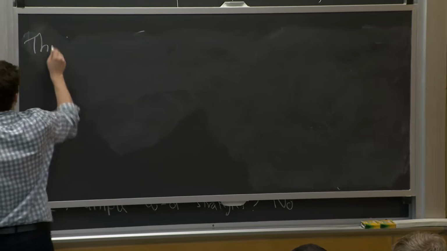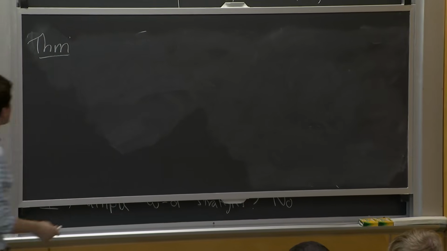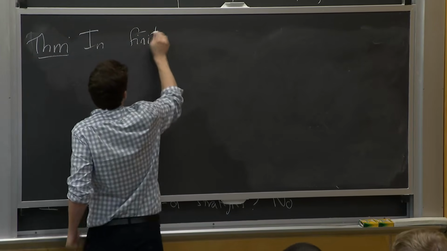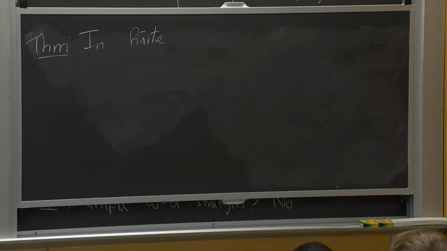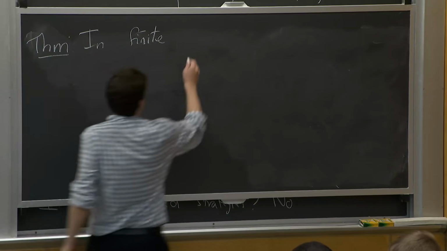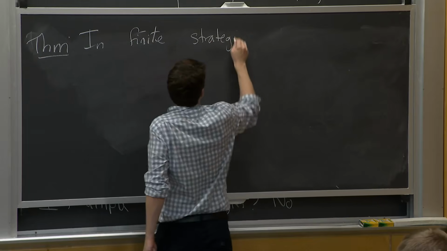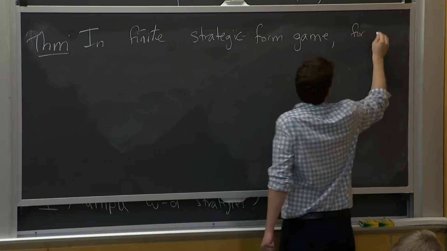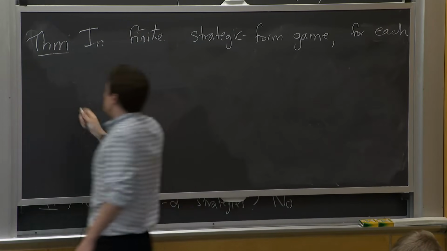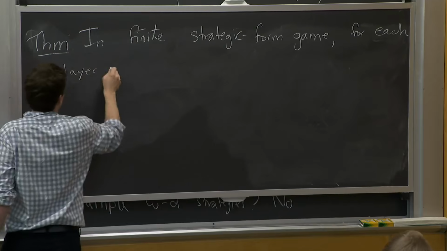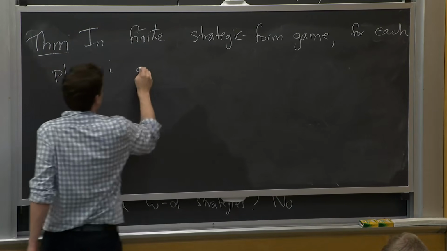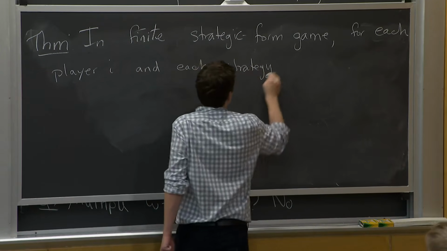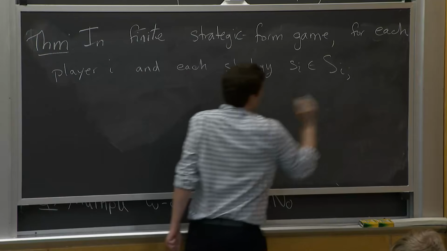So here's our theorem. We need some assumptions, so let's say we're in a finite strategic form game. Finite just means the set of strategies for every player is finite, and there's finitely many players. So for each player i and each strategy s_i, before I write it, let's just understand.